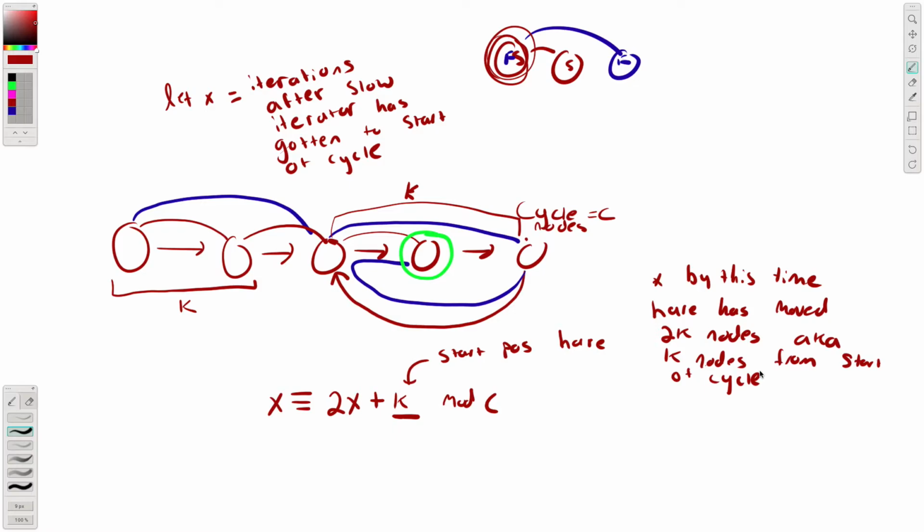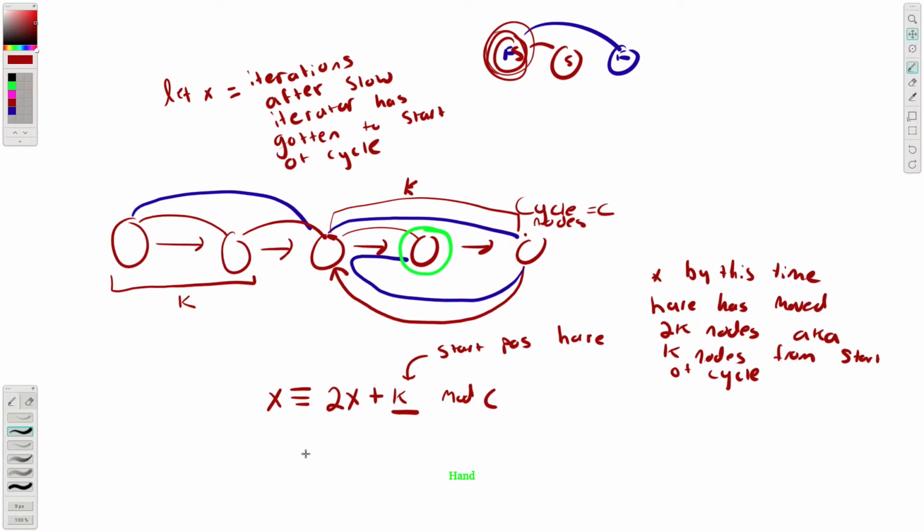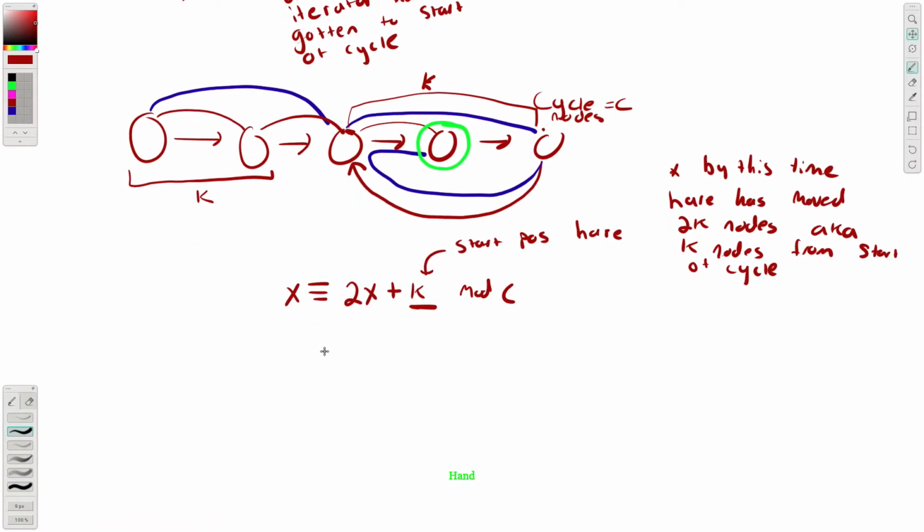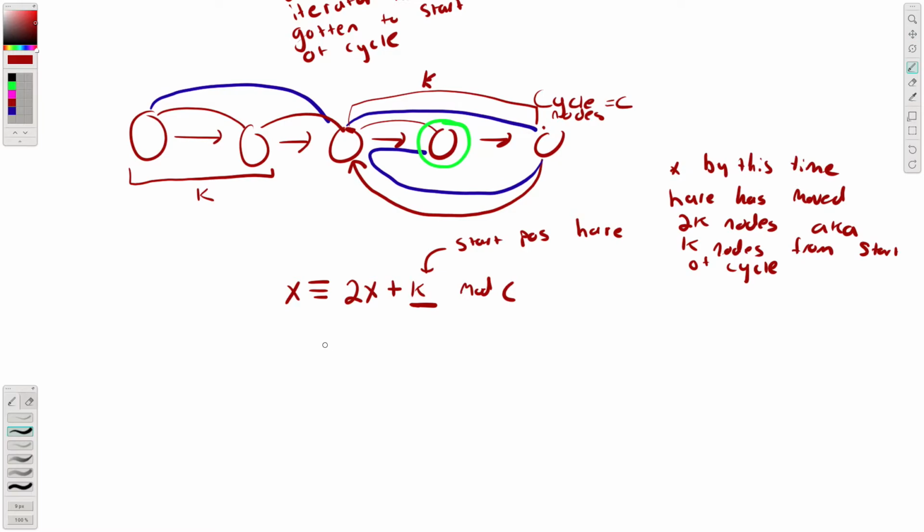Hopefully that makes sense. The hare has moved 2k in total because the tortoise moved k, so the hare moved 2k, but only k from the start, because this is k.